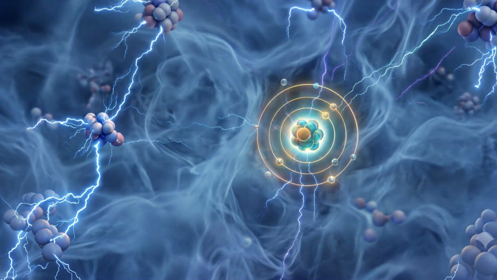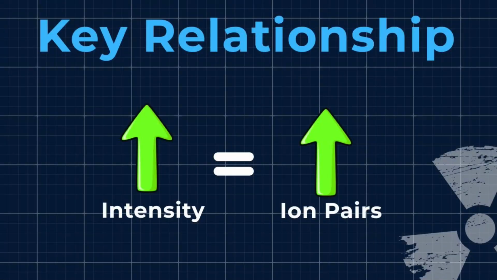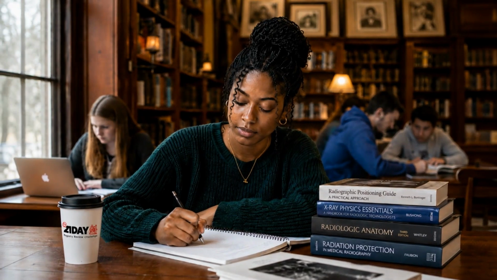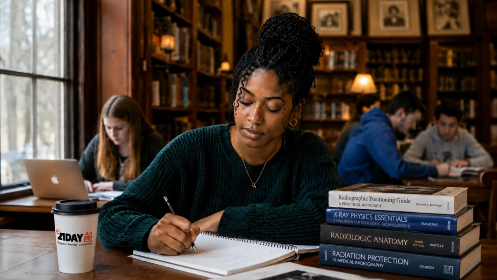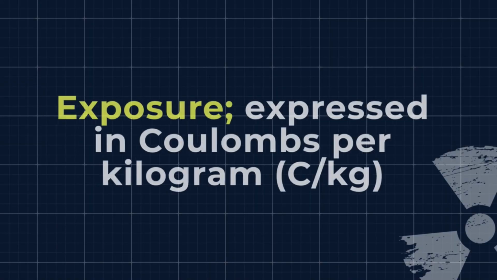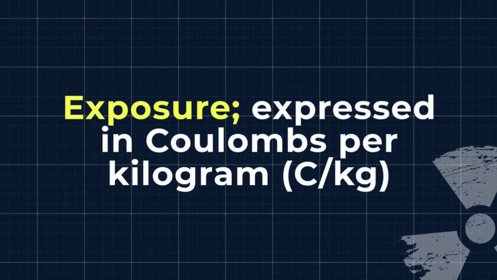And here's the key relationship. The more intense the X-ray exposure, the more of these electron-ion pairs get created. So if we measure how many electron-ion pairs show up in a defined volume of air, we can actually work backwards and figure out how much radiation caused that ionization. That whole process is what we call exposure, which is measured in coulombs per kilogram in the SI system.